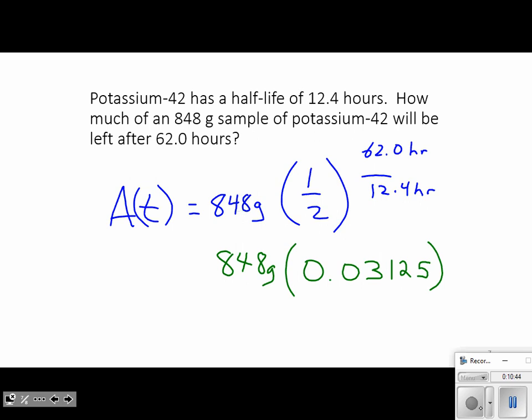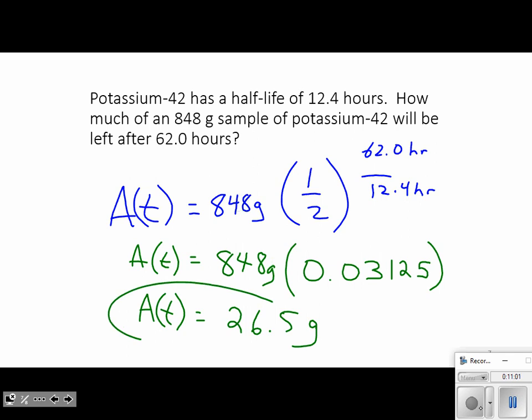And when I do so, my amount left after 62 hours is going to be 26.5 grams. Now, the hardest part is to get this into your calculator, that 1/2 in the exponent.